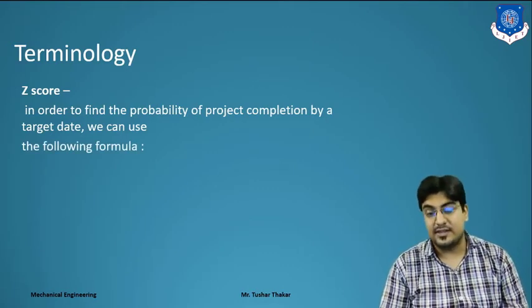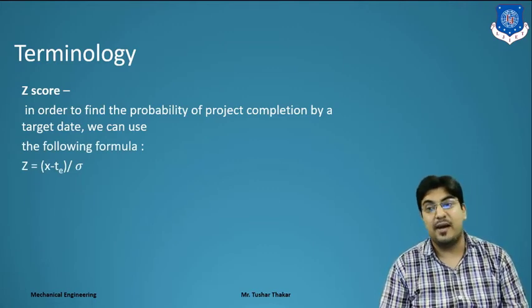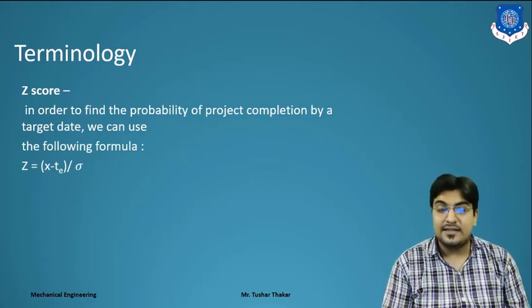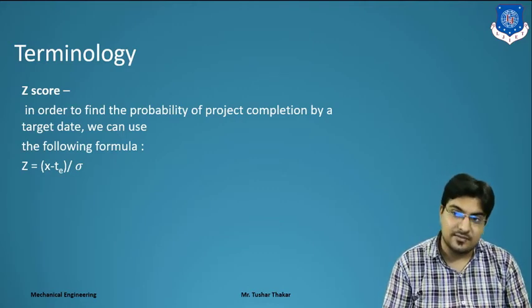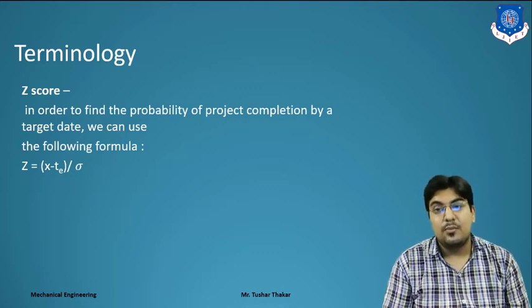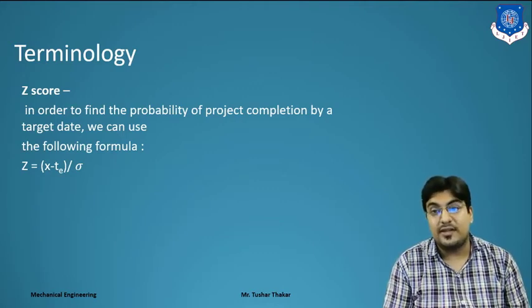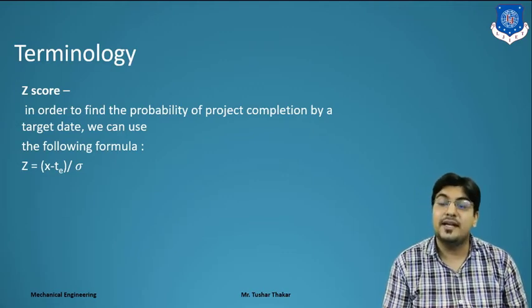What is the Z-score? The basic formula is X minus TE divided by sigma. X is the predicted or targeted time for completion of the project. Like in the last example, as I have to complete that project within 13 days, that is denoted as X. TE is the expected time, which is 22 days.